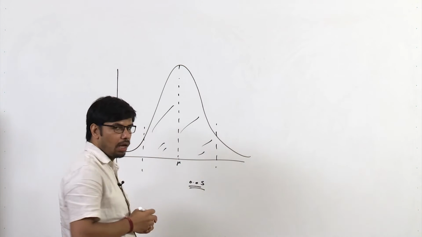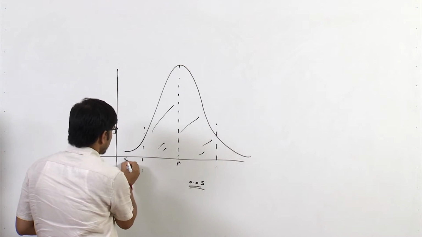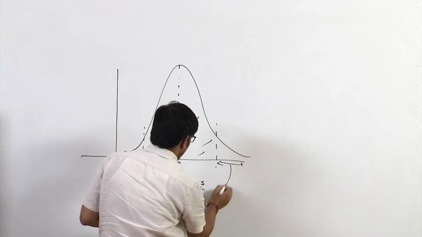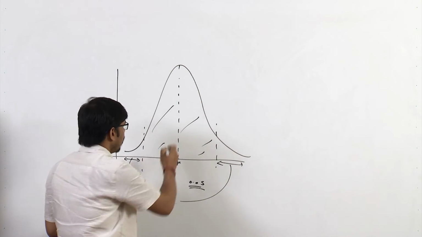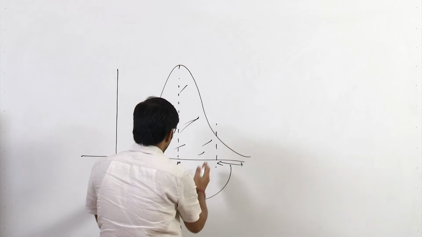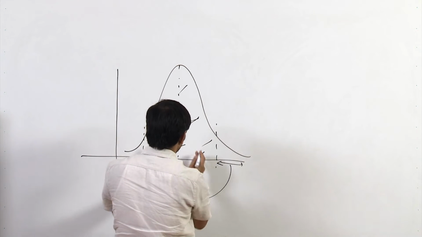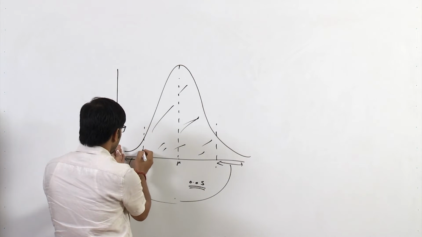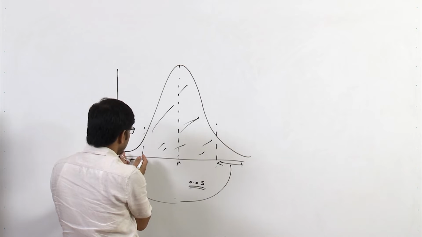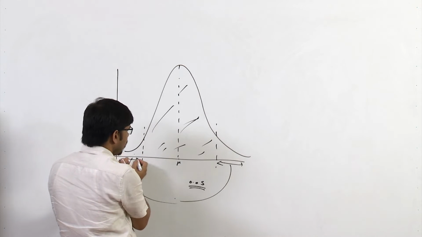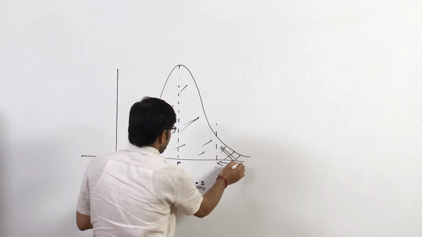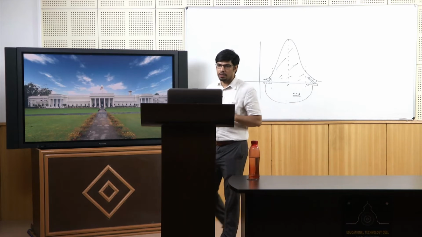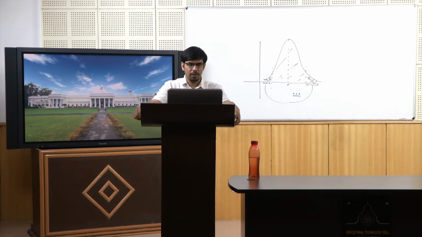Then in that case the null hypothesis would be rejected, because our T value is falling in one of these two areas. Our T value is not falling within this main area, and the probability of falling in this particular area is low, which is 0.05. That means there are more chances that that particular sample is falling in these two smaller regions. Therefore, in this case the null hypothesis would be rejected.